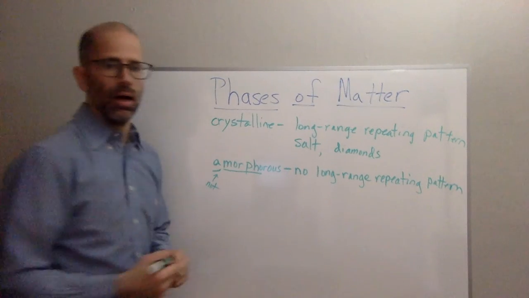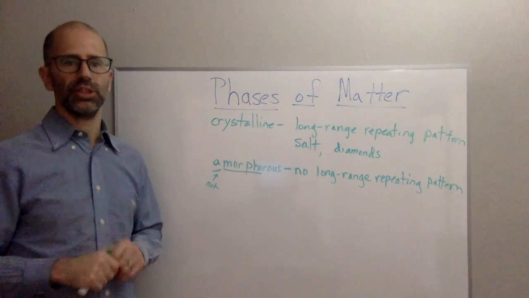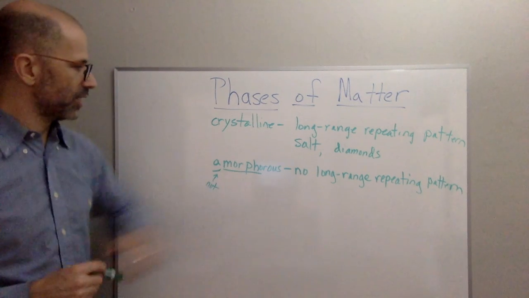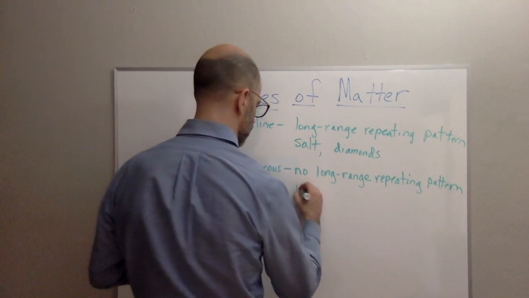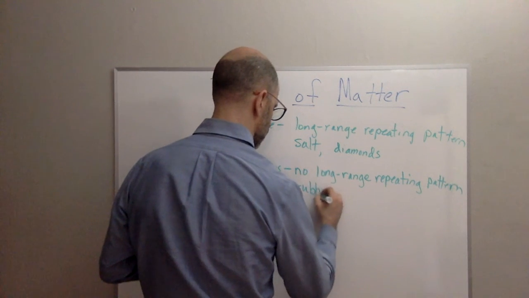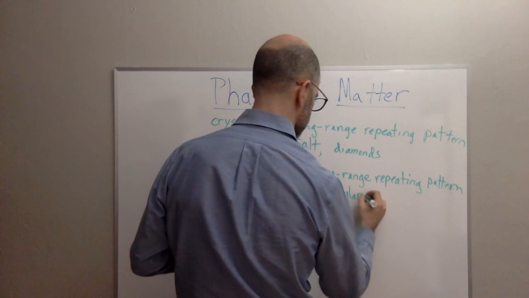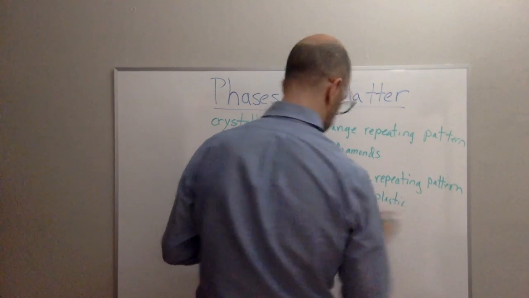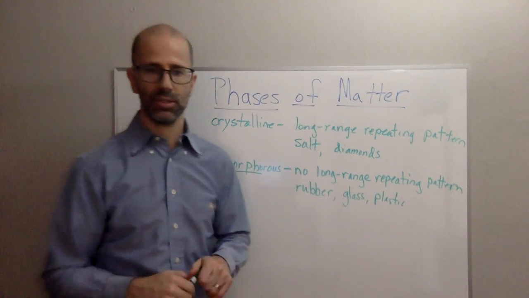Okay. So those are two distinctions you want to make. Now, examples for amorphous would be things like rubber, glass, plastic. Those would be examples of amorphous substances.